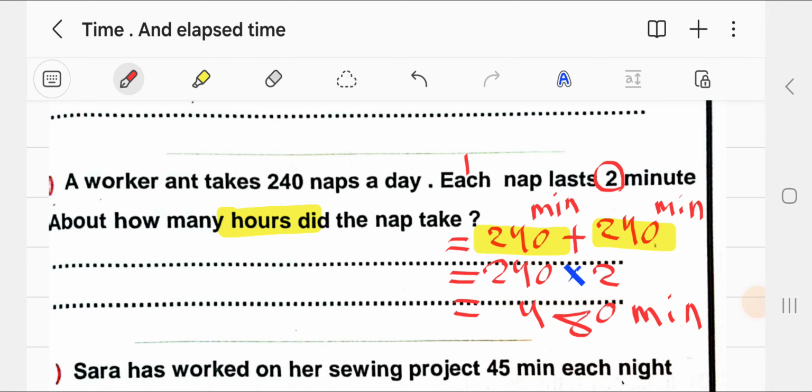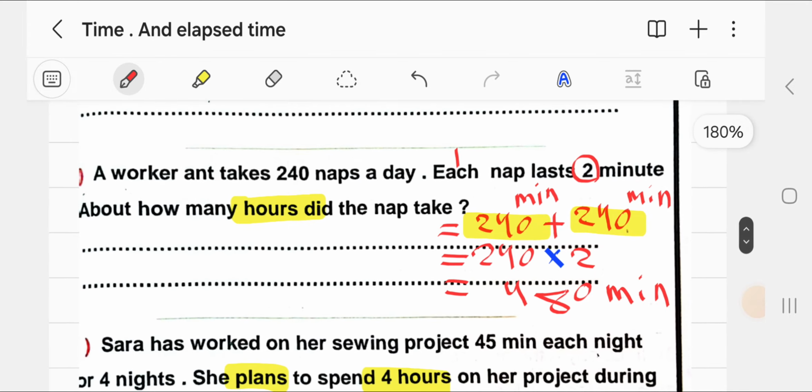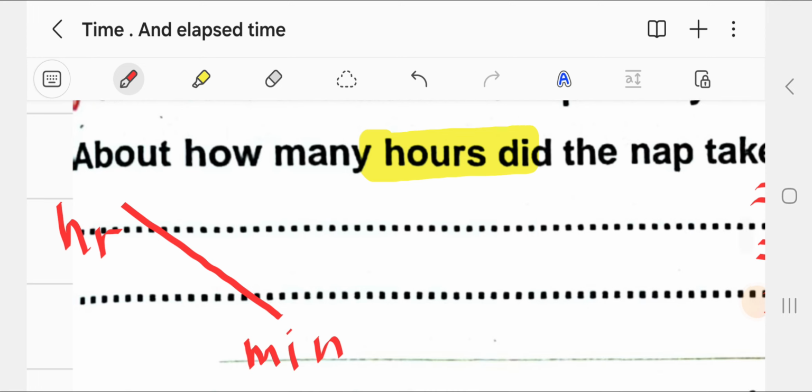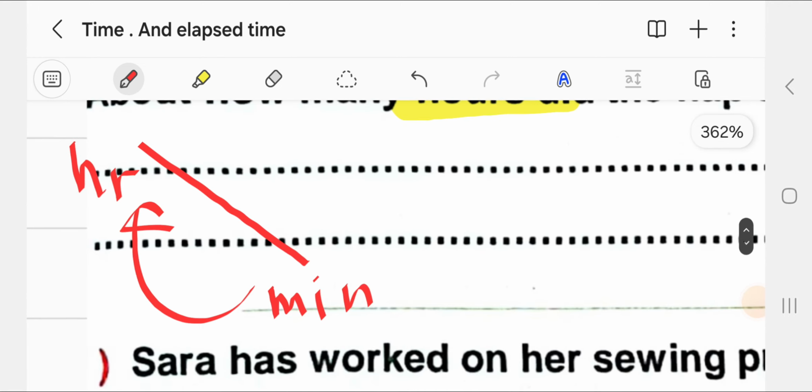الوقت اللي أنا طلعته ده بقى أنا محتاجة أحوله converted to be hour. تمام. Let's revise from hour to minute. I already have 60 minutes per hour. So when you're going from minute to hour, you make it divided 60.